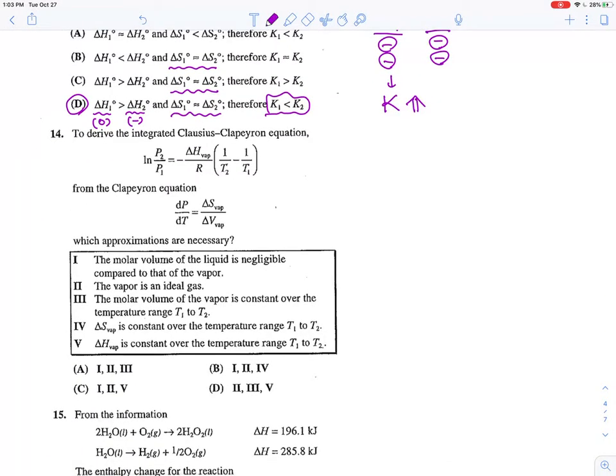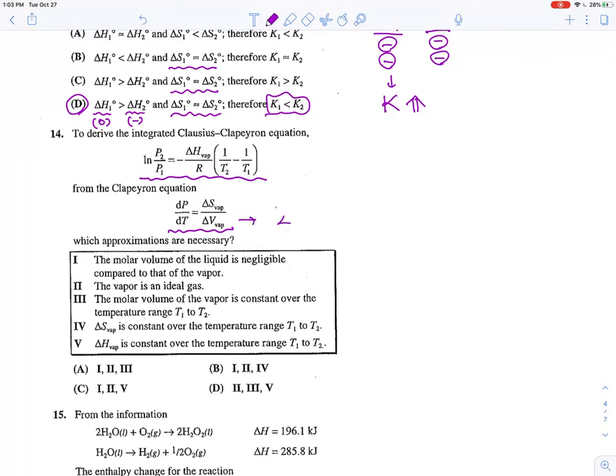Okay, so number 14 is about the Clausius-Clapeyron equation, and this equation comes from the Clapeyron equation. And there are two obvious assumptions.